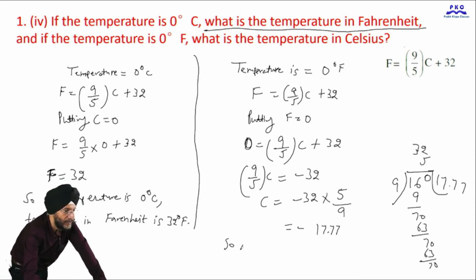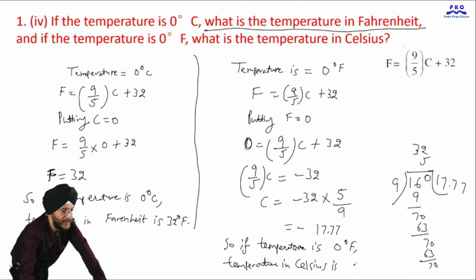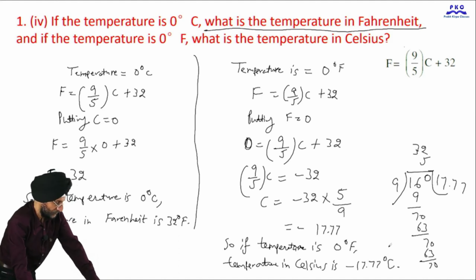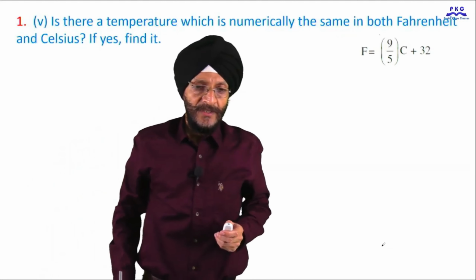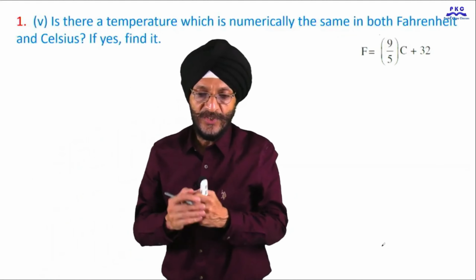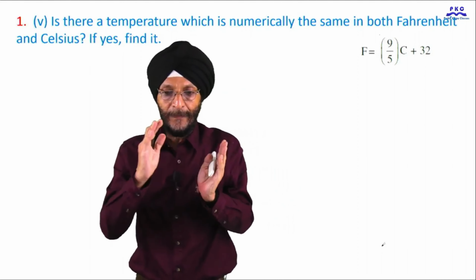So if the temperature is 0 degrees Fahrenheit, the temperature in Celsius is minus 17.77 degrees Celsius.